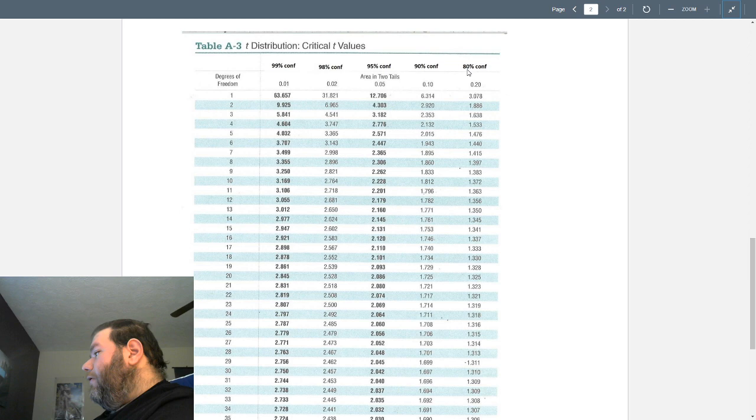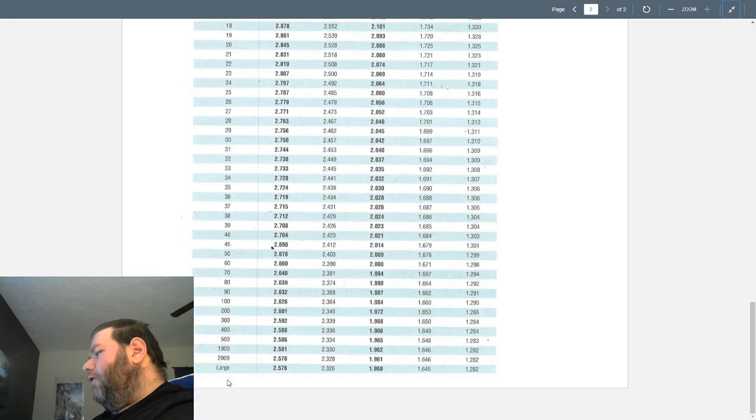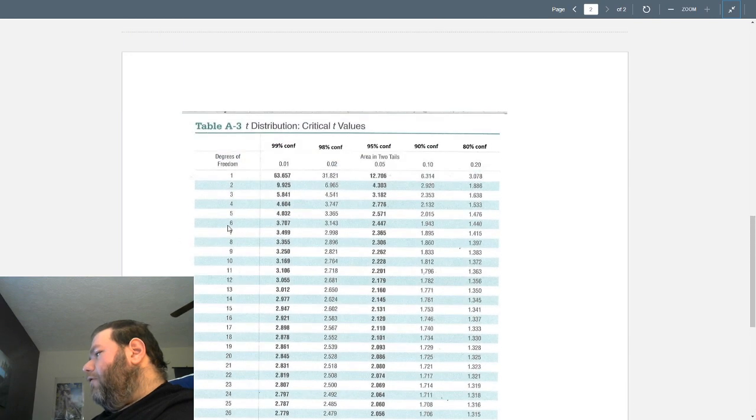I typed that in over the image to simplify it a little bit, so we don't have to worry about too much translation of numbers back and forth. So we'll use either the 99, the 95, or the 90% column. We go down according to degrees of freedom, and you can see that it goes down quite a bit. Then we go across to the appropriate column based on the level of confidence.